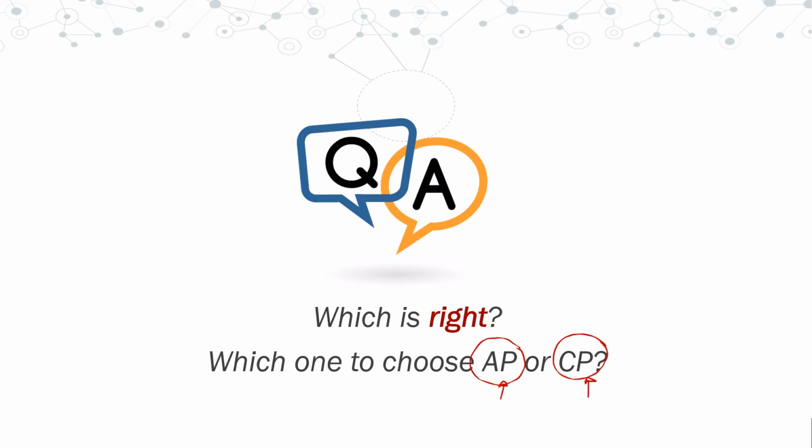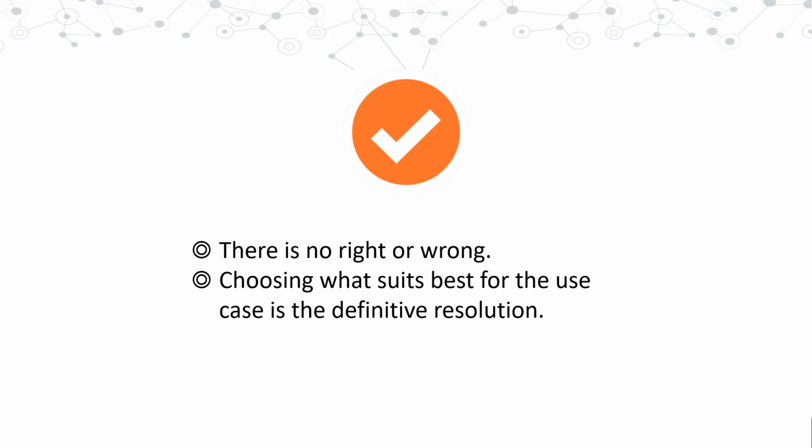So with the existence of network partition, whether you choose your system to be available or to be consistent, the answer is there is no right or wrong answer. There's no definite answer. You need to analyze and choose what is best suited for your case, for your application, for your business operation.